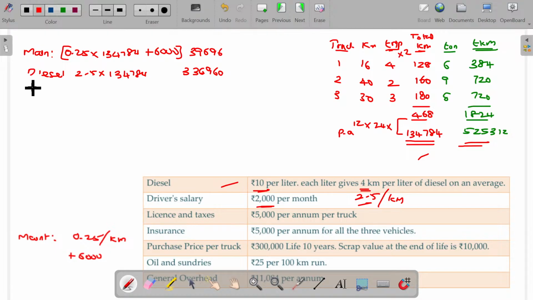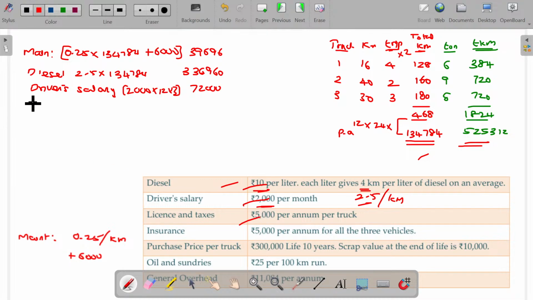Driver salary: 2,000 per month for 12 months, 24,000. But how many drivers will be there? 3 drivers, 72,000. So 3 trucks are there, definitely you need 3 drivers.